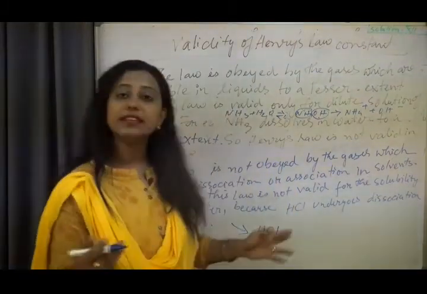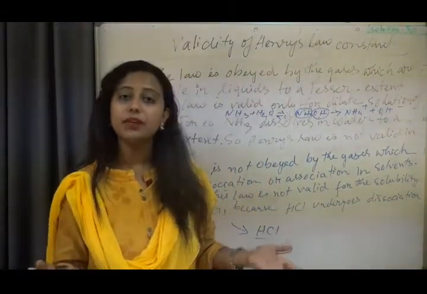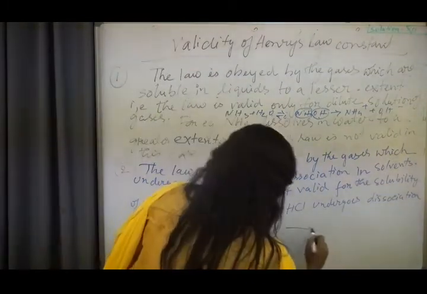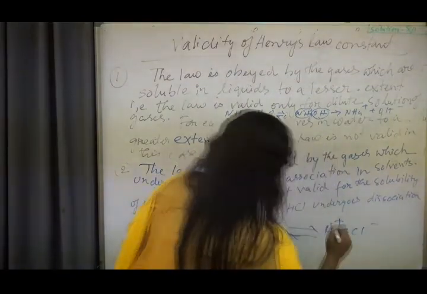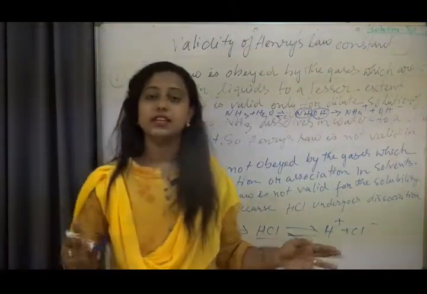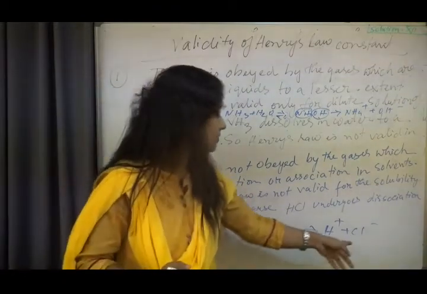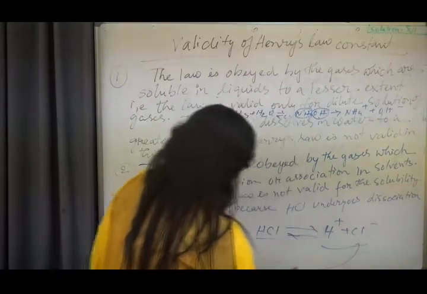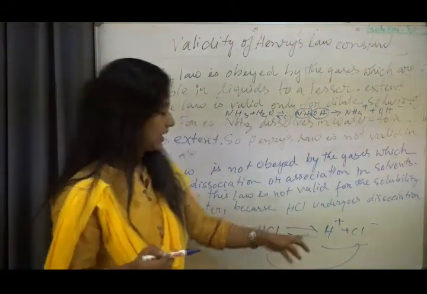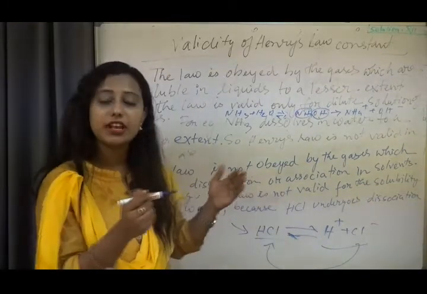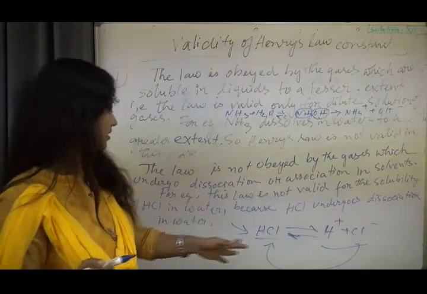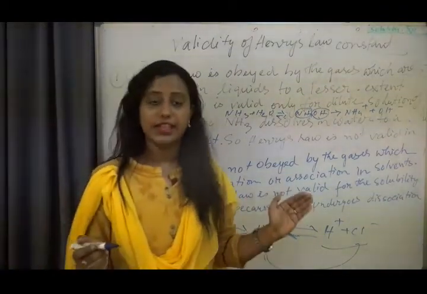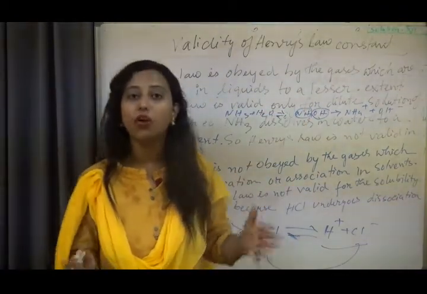When hydrochloric acid is dissolved in water, it dissociates to form H plus and Cl minus, and also this H plus and Cl minus forms HCl. So both the forward reaction and the backward reaction are there. So this is a reversible reaction, and in this case Henry's law is not obeyed.